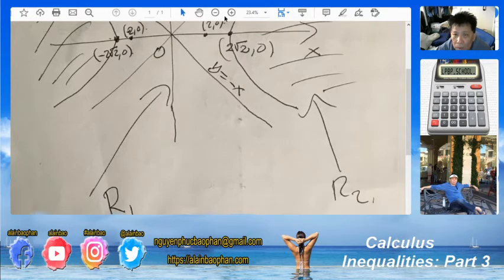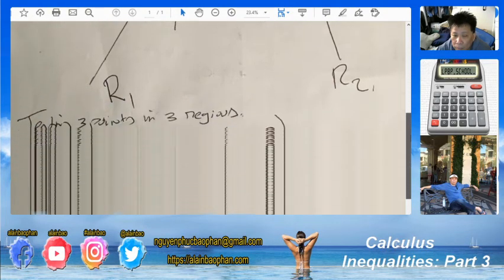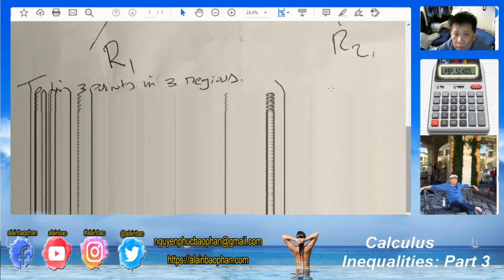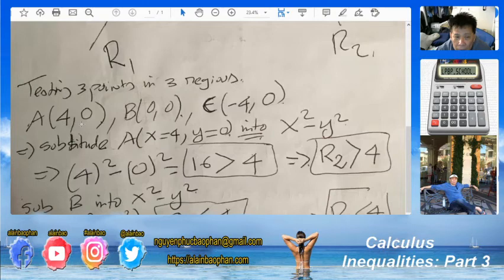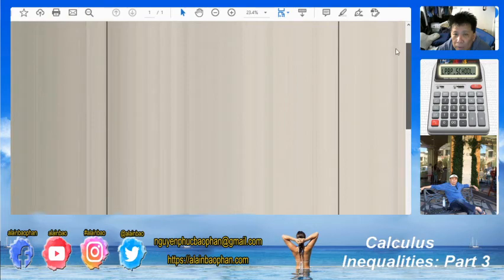So we pick 3 points. Let's pick simple points: A is 4, 0; B is 0, 0; and C is minus 4, 0.